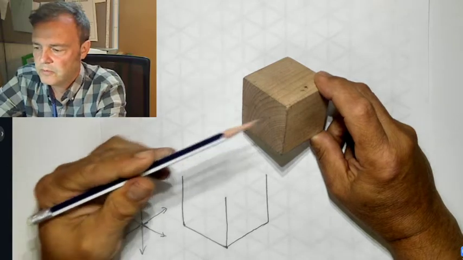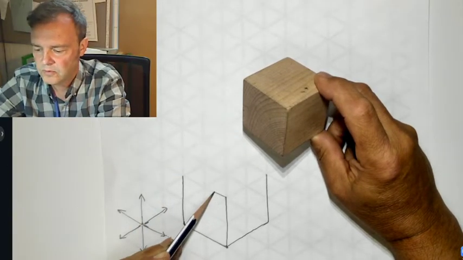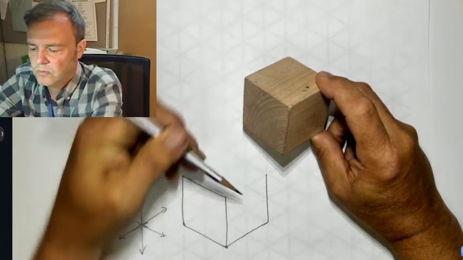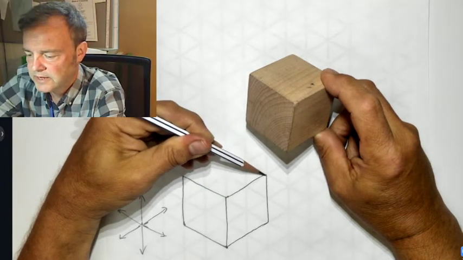From this point, which is here, we have one going up left until it hits that line, and one going up right until it hits that line.